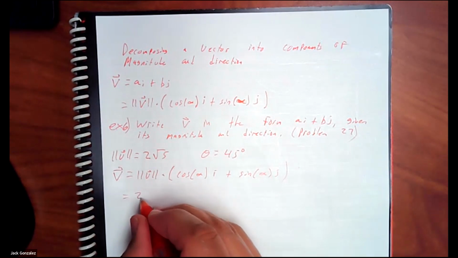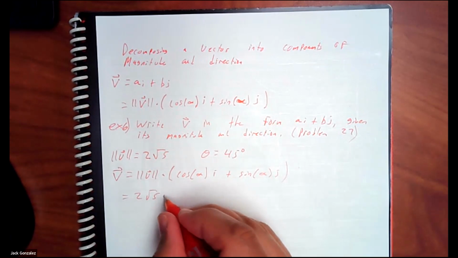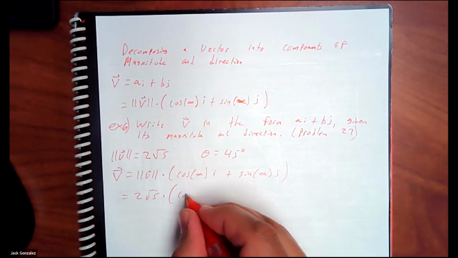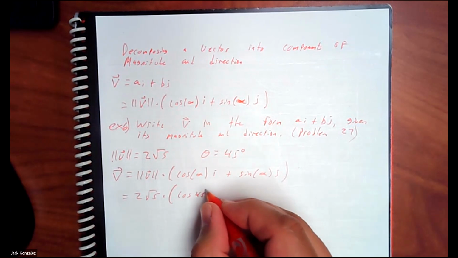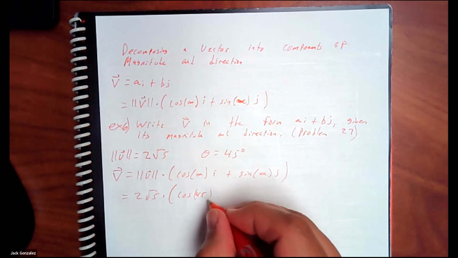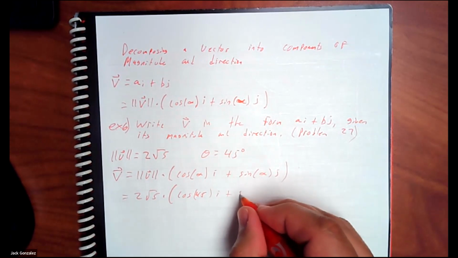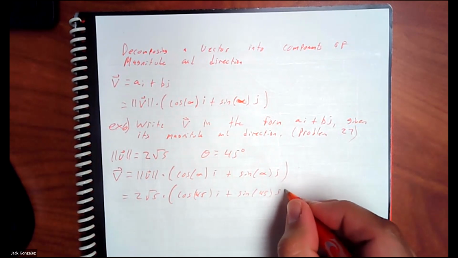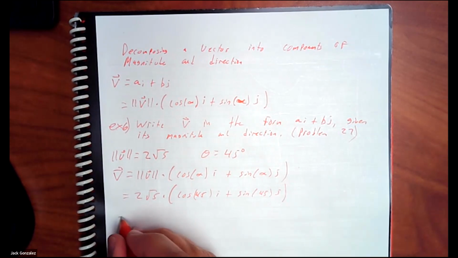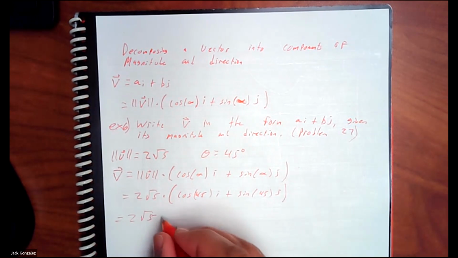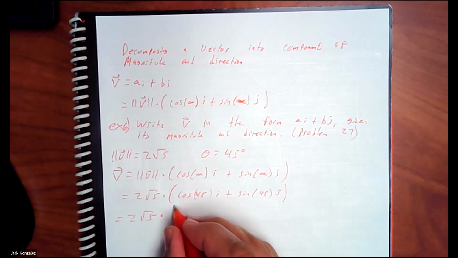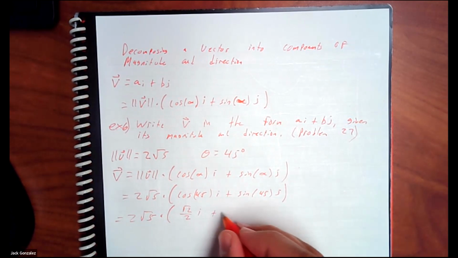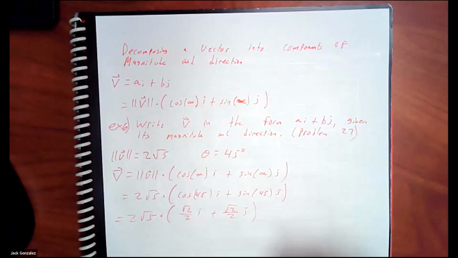So that would be 2 root 5 times cosine 45 I plus sine 45 J. So 2 root 5 times square root 2 over 2 I plus square root 2 over 2 J. So this is from the unit circle, right?